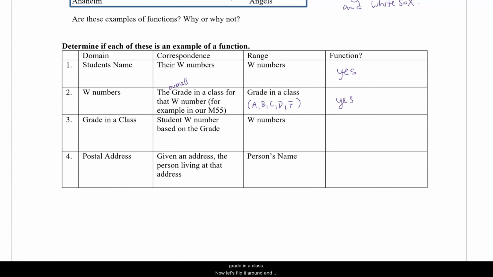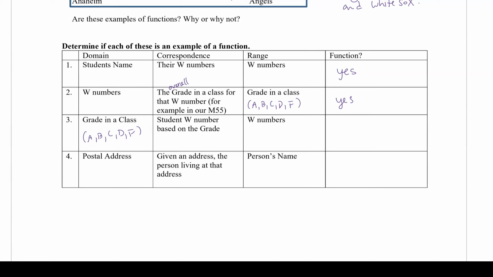Now let's flip it around and look at grade in a class as our domain. So those letters, A, B, C, D, F, and we're going to map the grade to the W number. So now do we have a situation where each grade goes to exactly one W number? Each grade gets assigned exactly one W number.